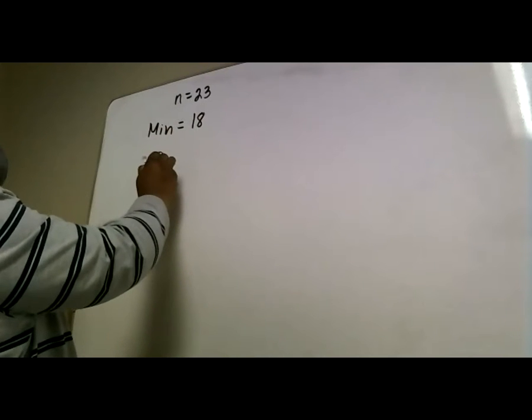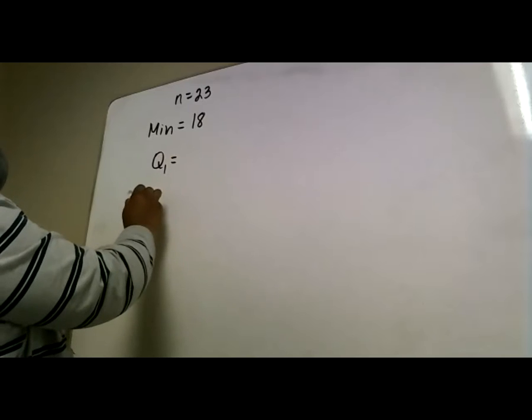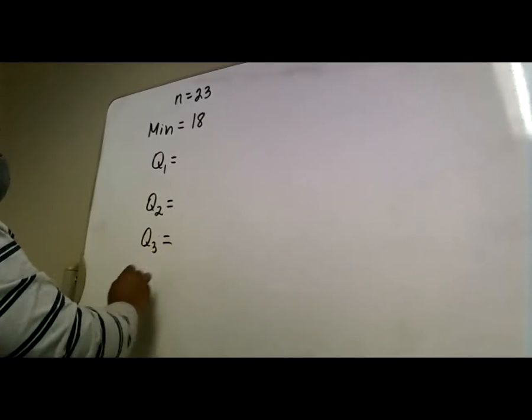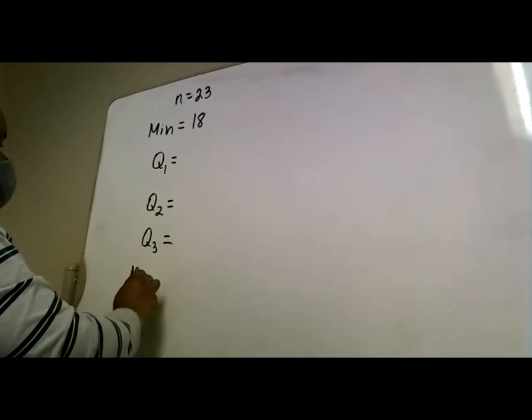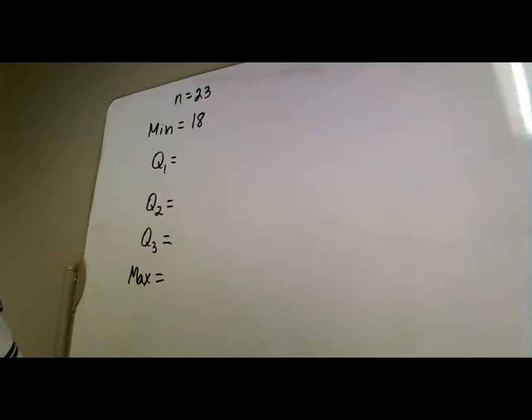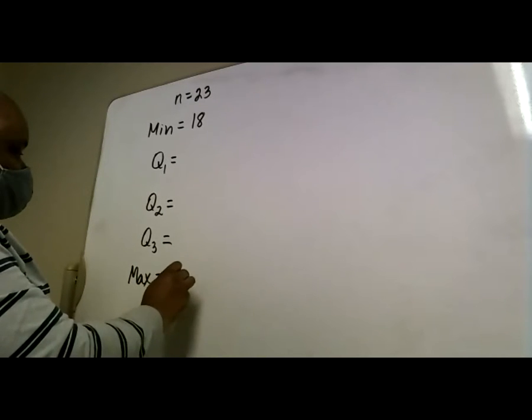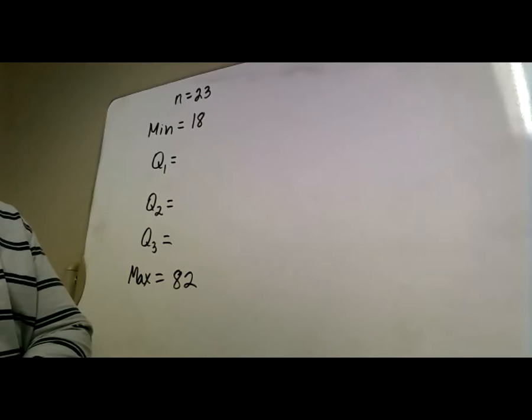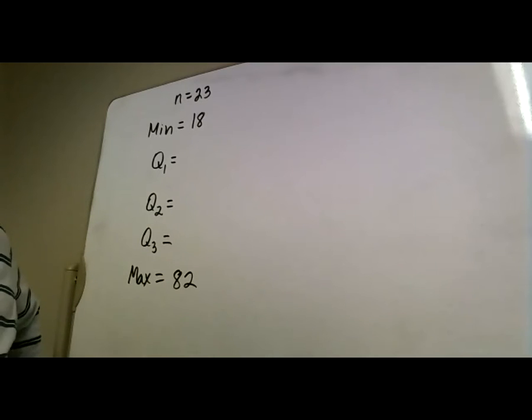I'm going to have Q1 here, Q2, which is of course our median, Q3, and then the max, which is in this case 82. So all we have to do here is find out what Q1, Q2 and Q3 are going to be.